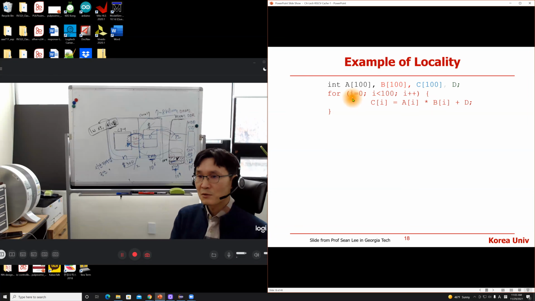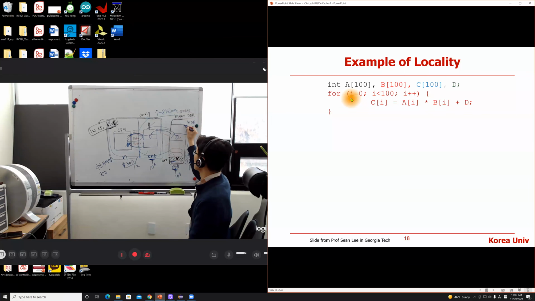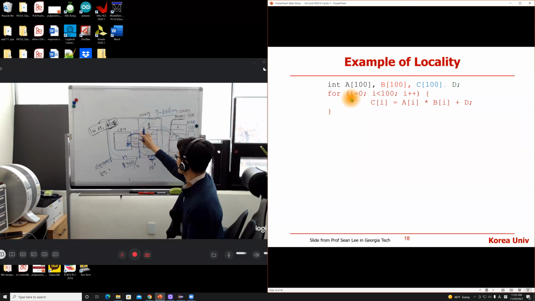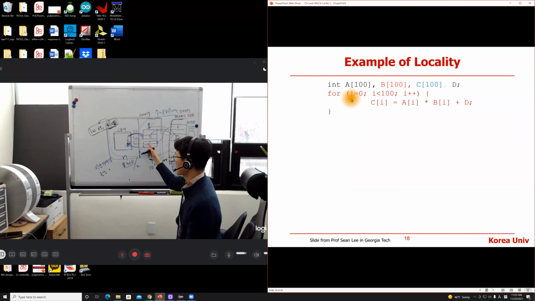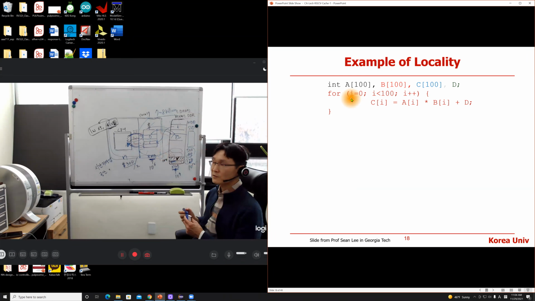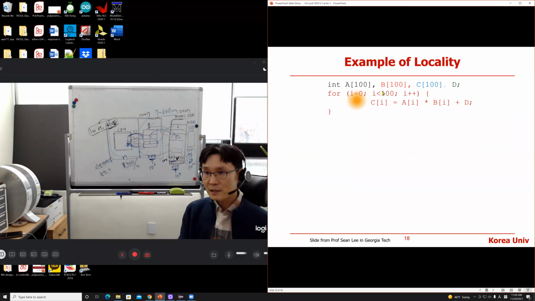So I is also showing a good temporal locality characteristic. The first time cache does not have I, but CPU accesses I, then CPU will store that information. So next time CPU needs that information, it gets I directly from cache, not from main memory. So temporal locality: I and D.